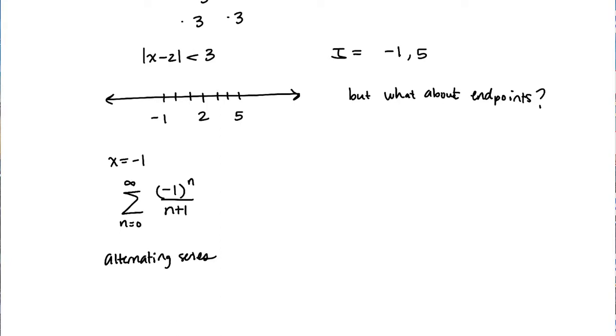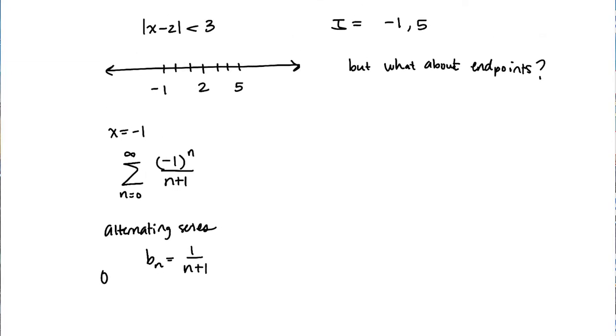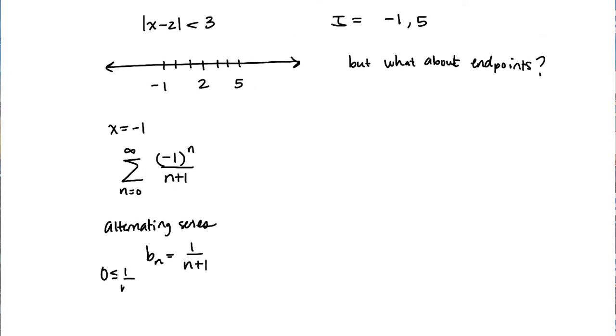Checking my alternating series test, I have b sub n equals 1 over n plus 1. I have 0 being less than or equal to 1 over n plus 1, and it's decreasing.